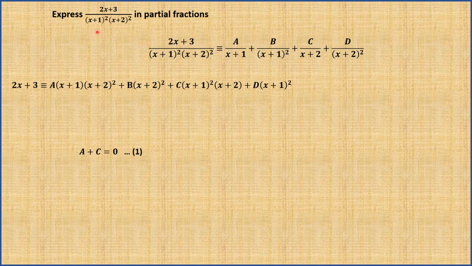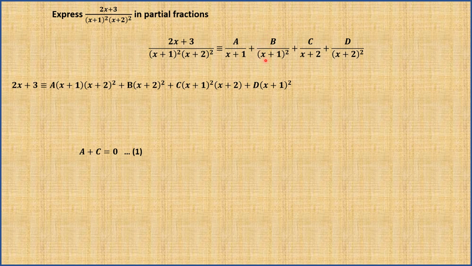Look at this. This linear factor is squared, and I go to the right hand side, I look at the factor that is also squared, the linear factor (x + 1) raised to the power 2. Since that is a factor that was given in the equation, it means that I can get the constant B using the cover-up method.